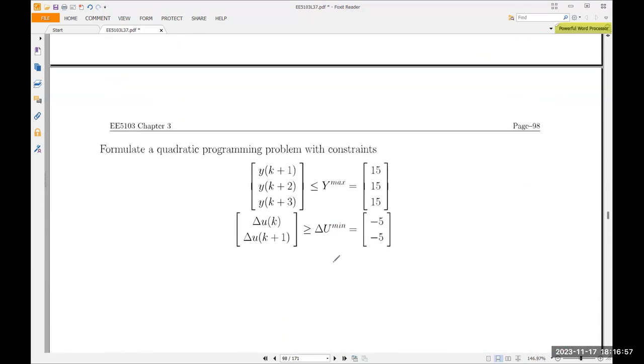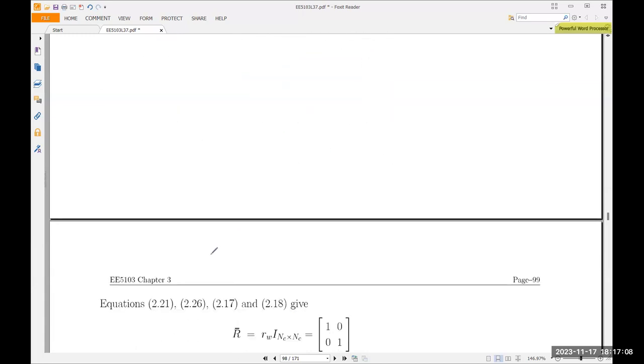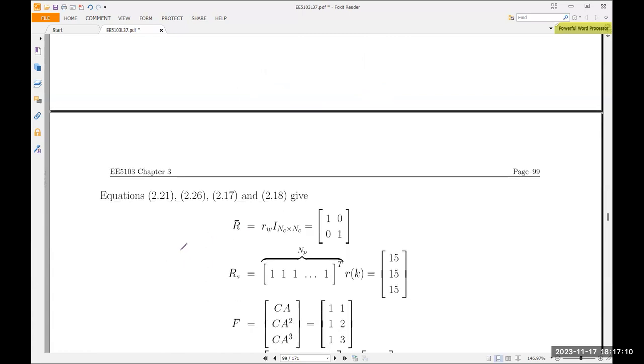You have formulated the problem into a model predictive control with constraint in y and delta U. Now, for this part, I think you go and look at all these, 21, 26, 17, and 18, to get all this.